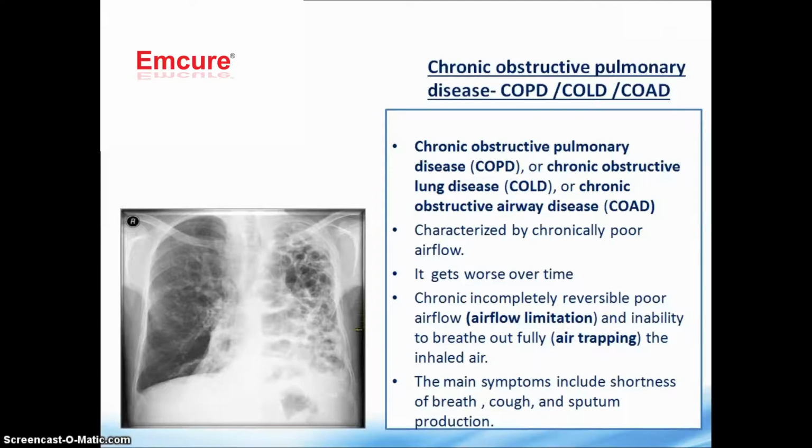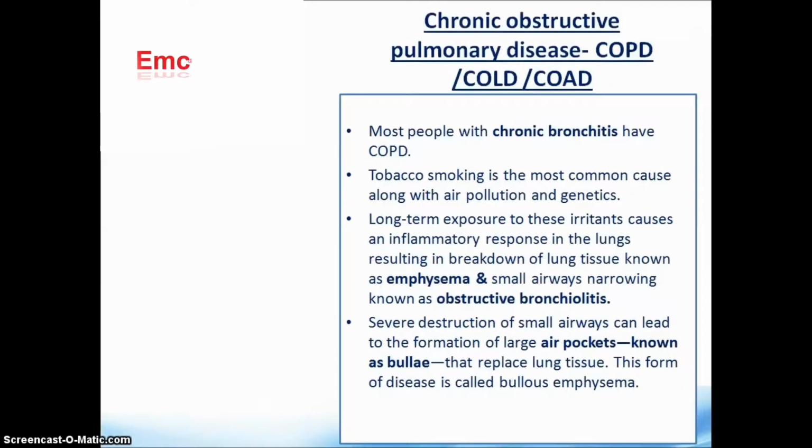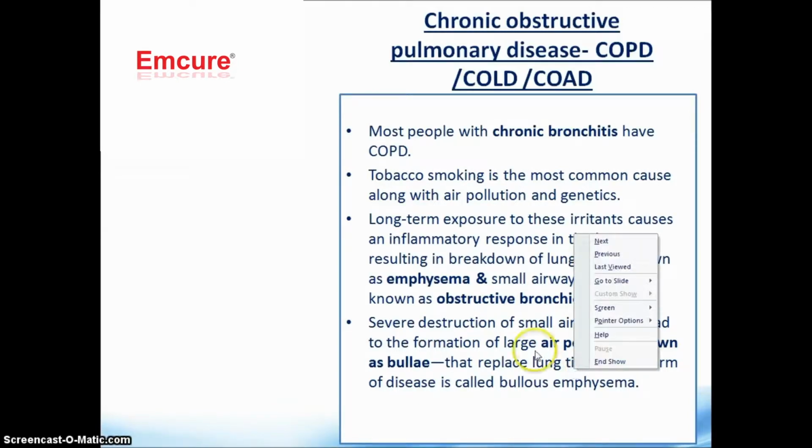I repeat again and again because it is confusing at times, because so many new terms are coming ahead of you. So just to recap, emphysema is basically the breakdown of the lung tissue, and it is called bullous emphysema when there are air pockets inside your lung tissue, or the lung tissue is replaced by these air pockets. So we go on to the next slide.